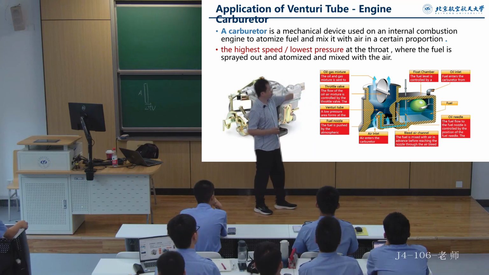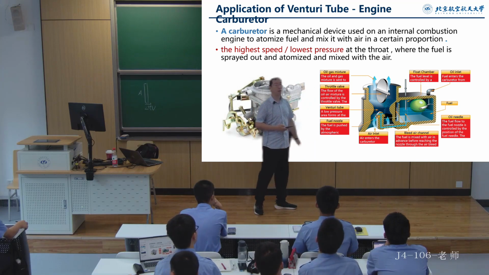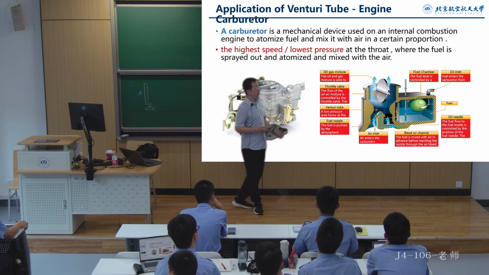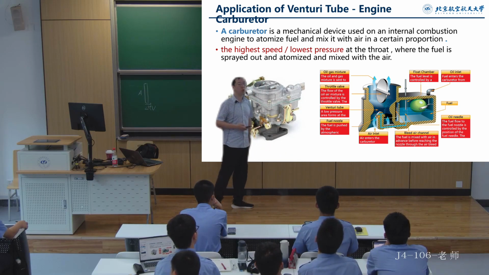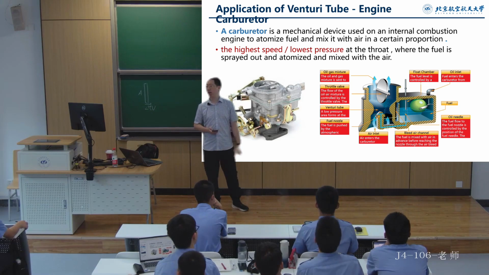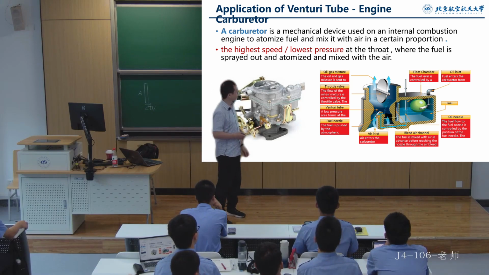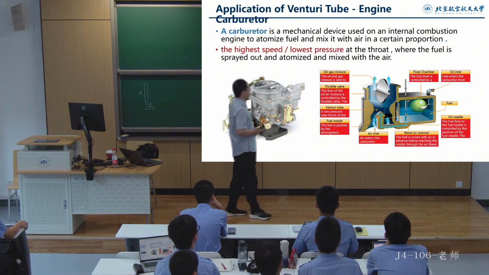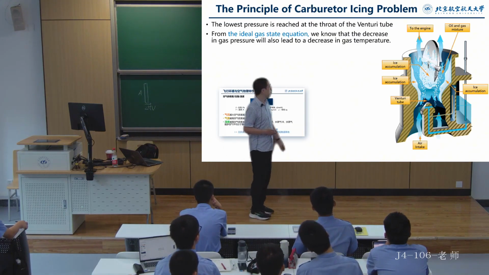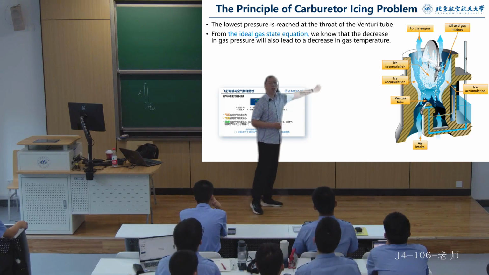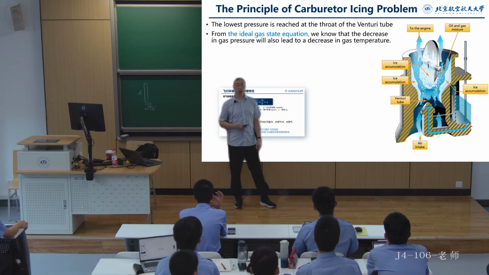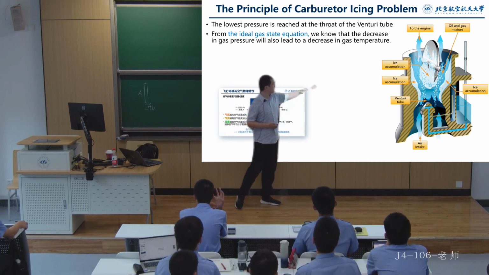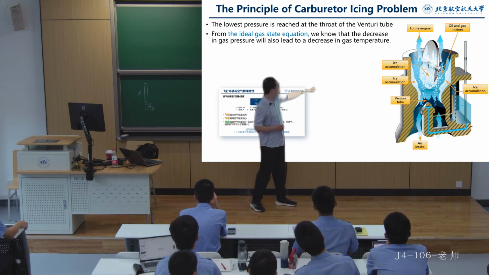In actual flight, due to this pressure change, and considering the actual weather, the carburetor might encounter a common issue, which is carburetor icing. Let's review what we discussed in the previous lecture about the ideal gas law. We said pressure and temperature are related.